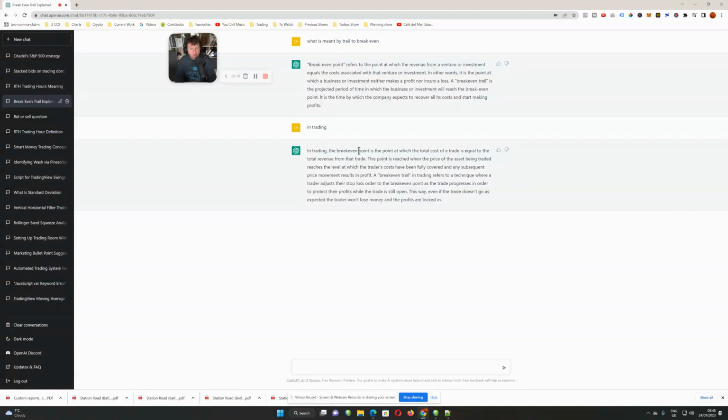In trading, the break even point is the point at which the total cost of the trade is equal to the total revenue from the trade. This point is reached when the price of the asset being traded reaches the level at which the trader's costs have been fully covered, and any subsequent price movements result in profit. A break-even trail in trading refers to a technique where a trader adjusts a stop order to the break-even point as the trade progresses in order to protect their profits while the trade is still open.